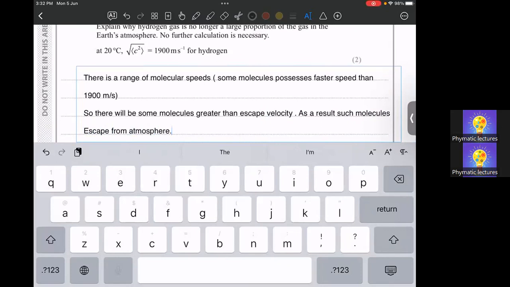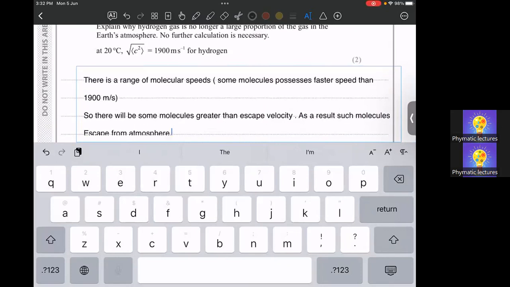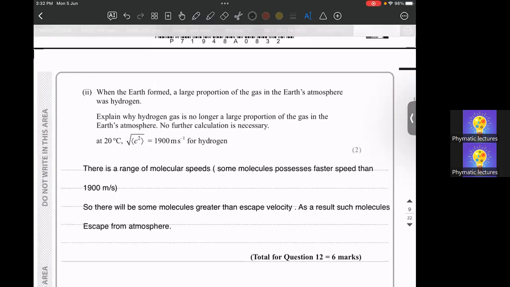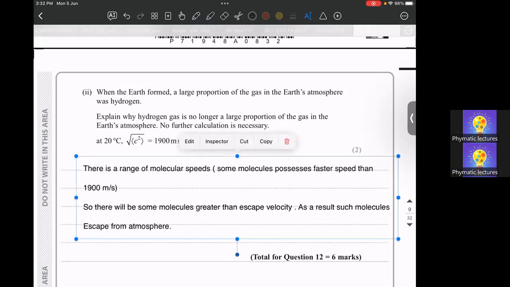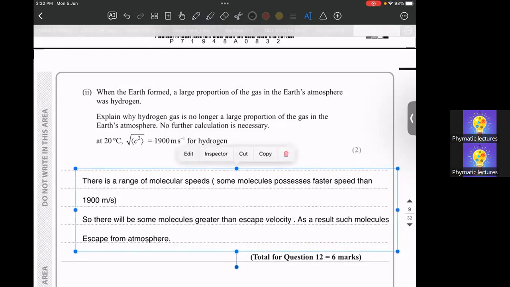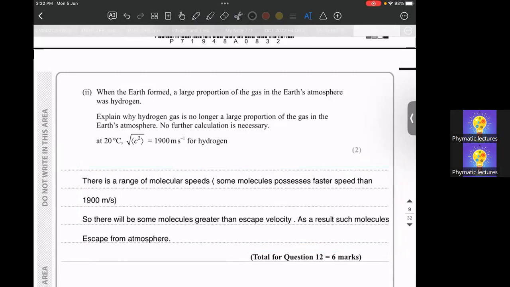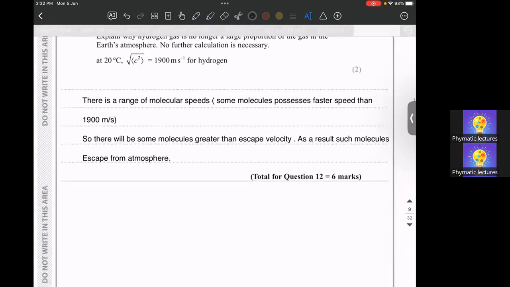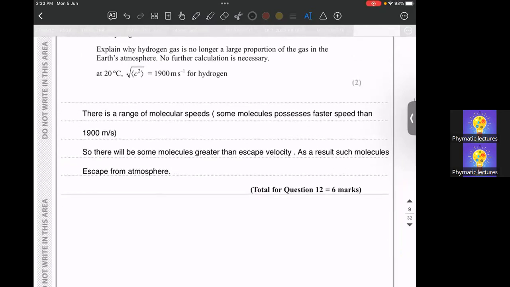So that is the reason why hydrogen gas is no longer a large proportion of gas in the Earth atmosphere. Hope you got the idea about the same. Clear? Okay, so that's about question number 12. So move to the next question, question number 13.